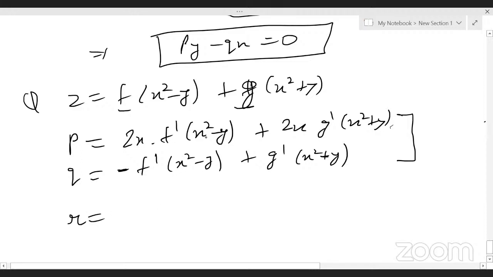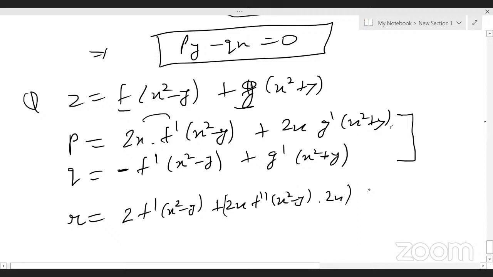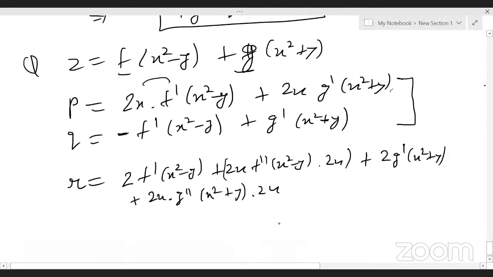Now, if I differentiate it again, then r is equal to, here the product rule will apply. So the differential of 2x is 2, f dash of x square minus y, plus 2x f double dash of x square minus y into 2x, right? Similarly, 2 g dash of x square plus y plus 2x into g double dash of x square plus y into 2x, right?